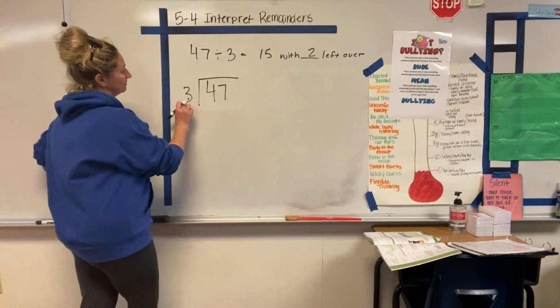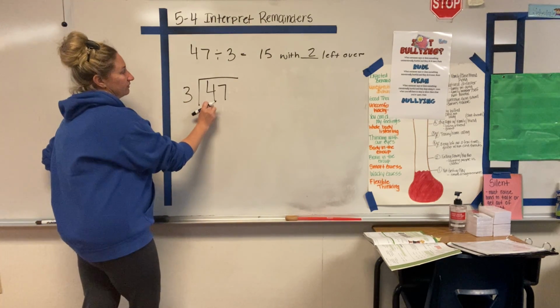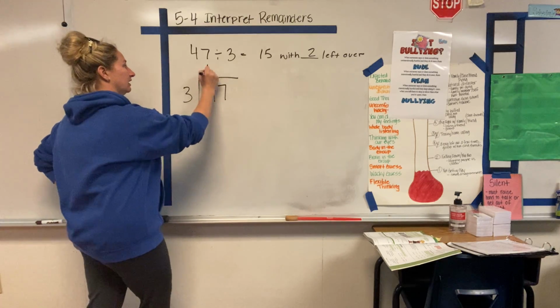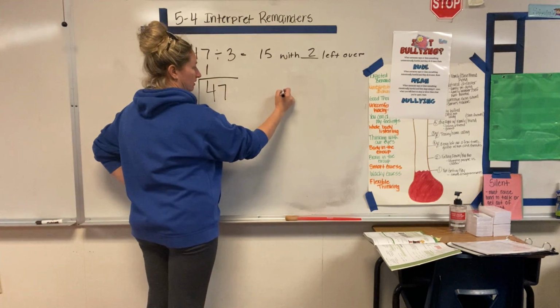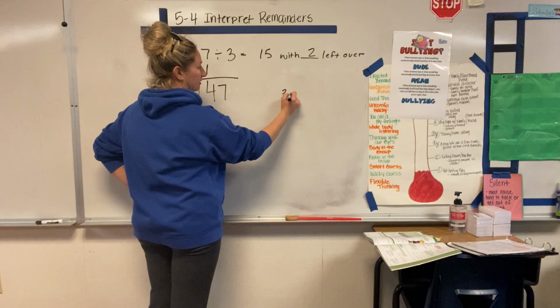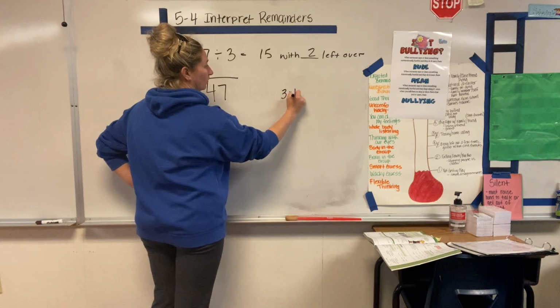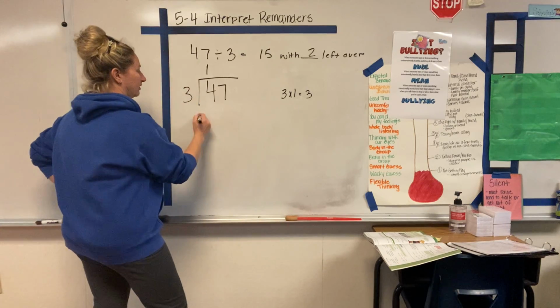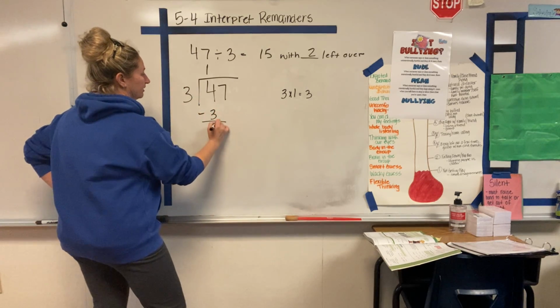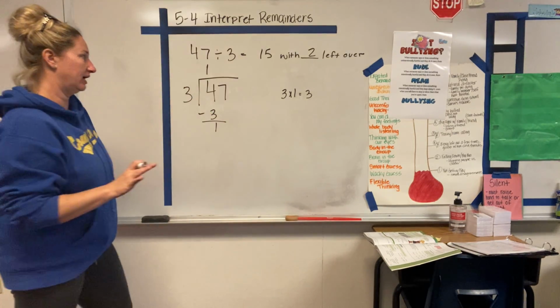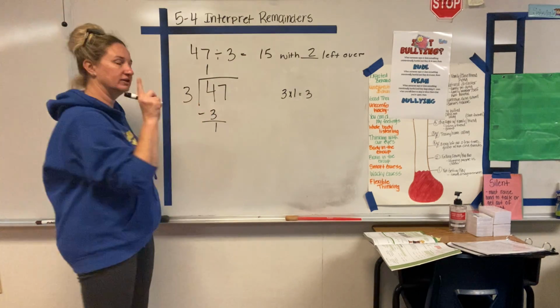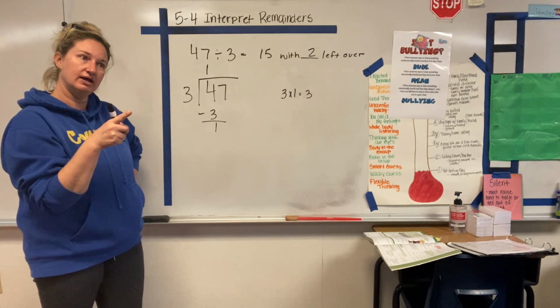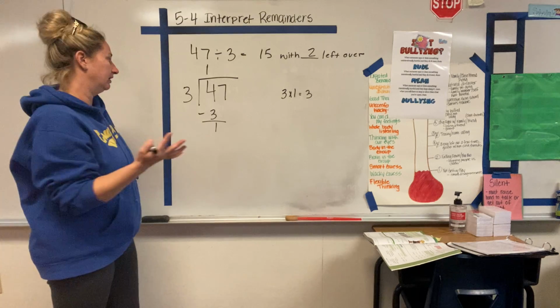So I could say, how many times does 3 go into 4? Well, once, right? Because 3 times 1 equals 3. And if I did 4 minus 3, there's 1 left over. Okay, so 3 goes into 4 one time, and then there's 1 left over, okay?